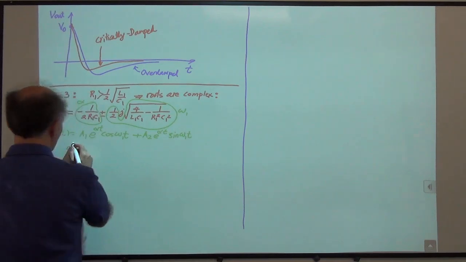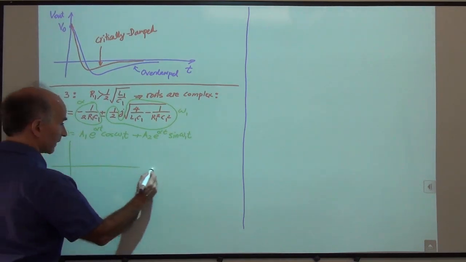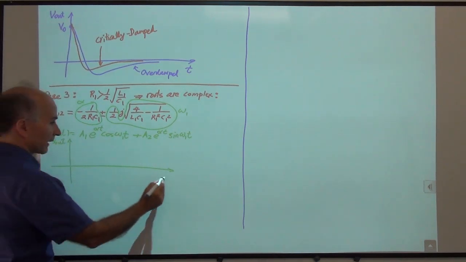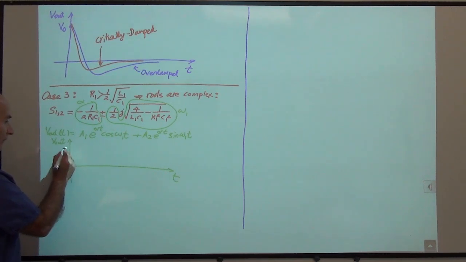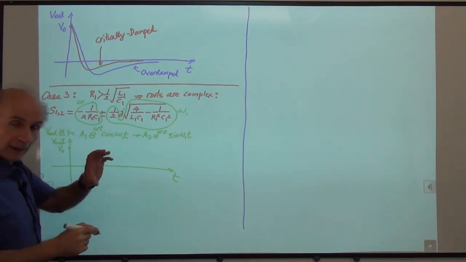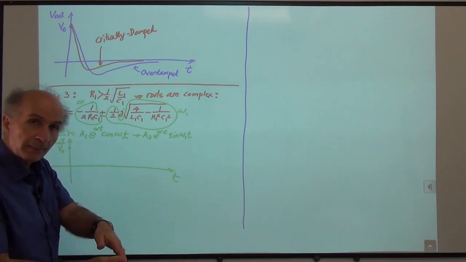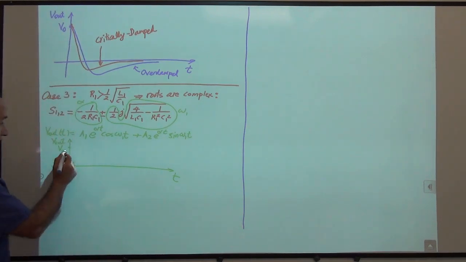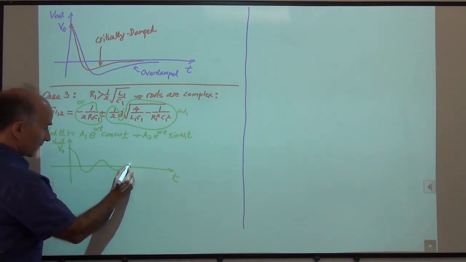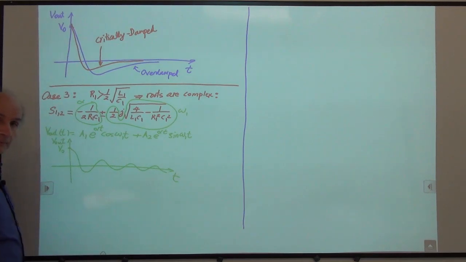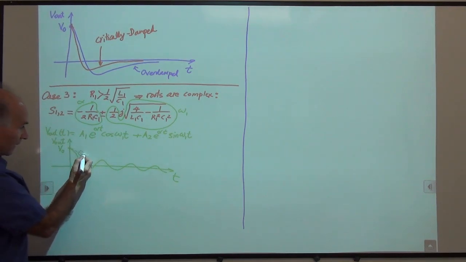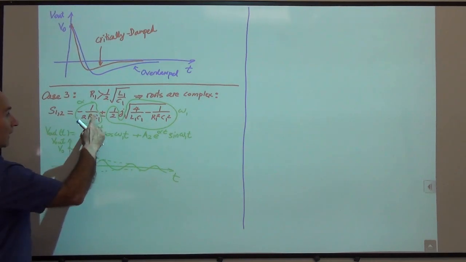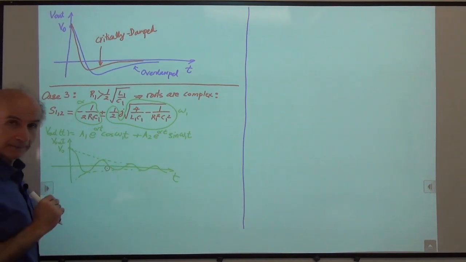So our expectation is this, that V out as a function of time begins with an amplitude of V0, as always, that's the voltage on the cap, and then starts dying, but because the system is not well behaved, it actually does this before it dies away. And this has an exponential envelope here, given by this term here, e to the alpha t.